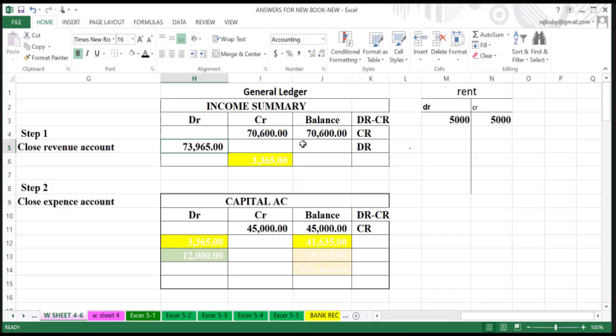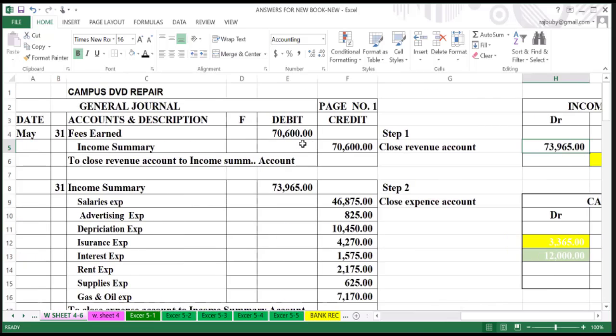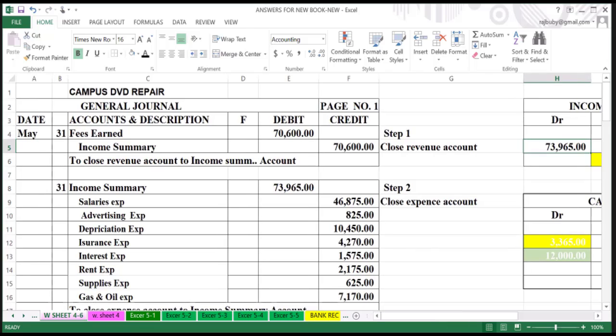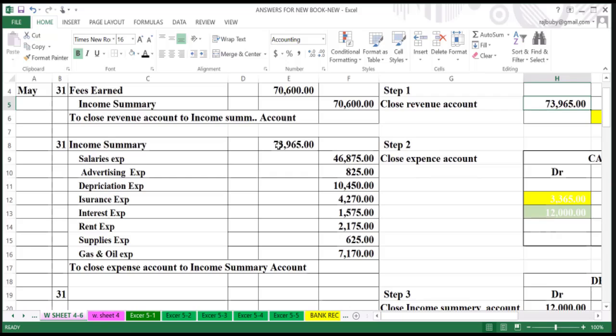Okay, go then to the journal on the left. You see row number 8, income summary, expenses, 73,000. That is the expenses. All the expenses total is this.